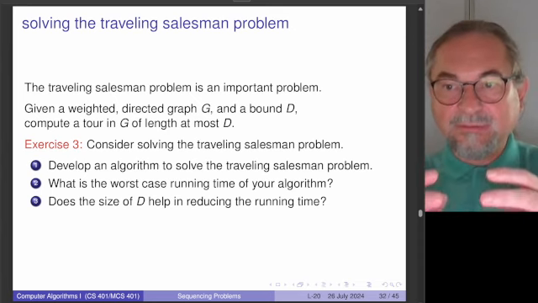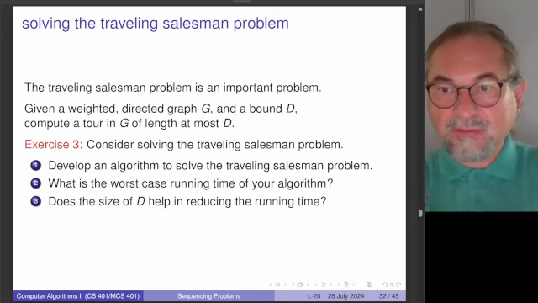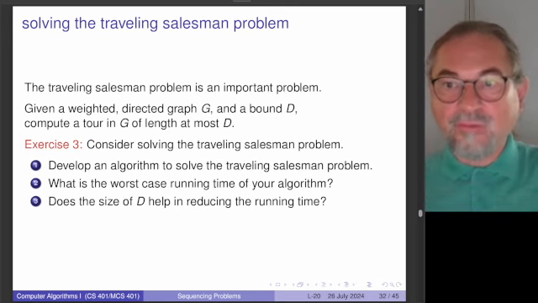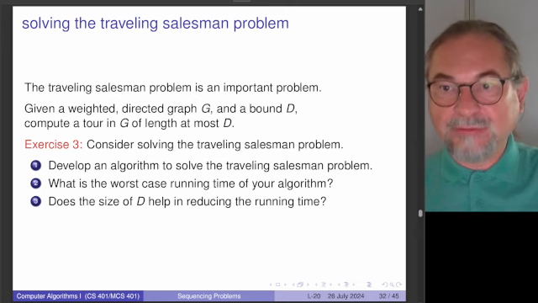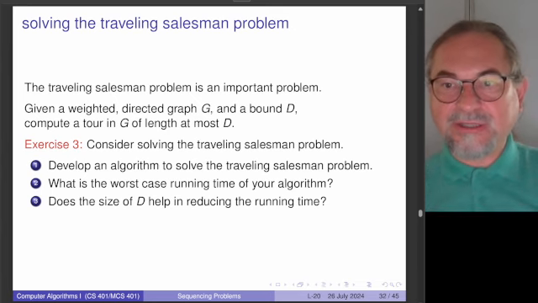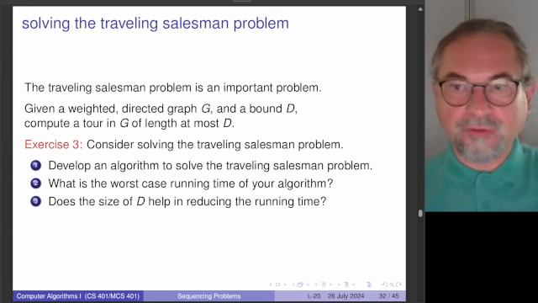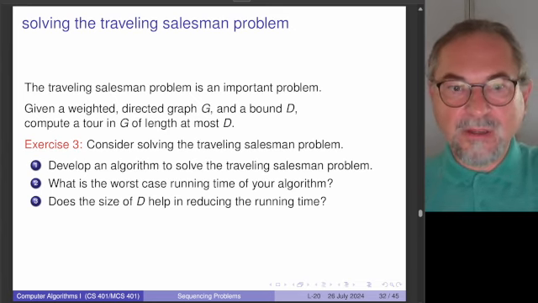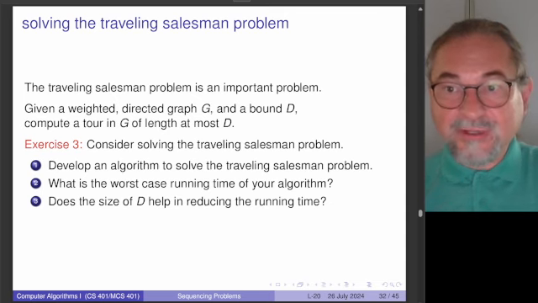If you had a tour in the reduced graph, how would you combine that tour with all the edges that you add again, leading to that first chosen vertex? So that's already a very interesting exercise applying dynamic programming.